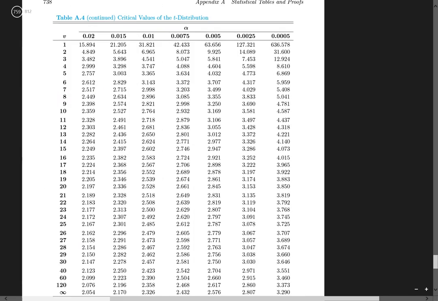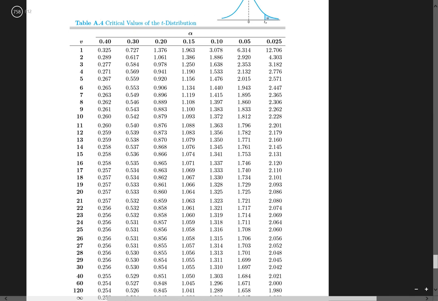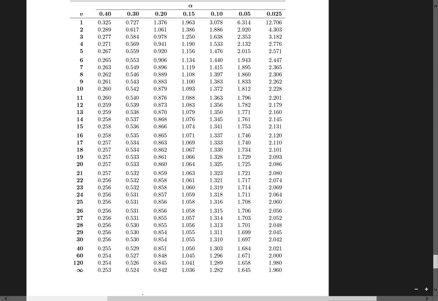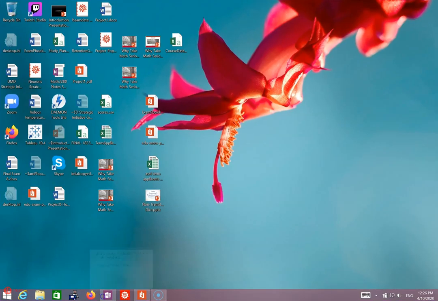But I do see 1.761 with 14 degrees of freedom. And that is 5%. 1.761 is right there. Okay, well, so that means 1.761 leaves an area of 5% to the right.